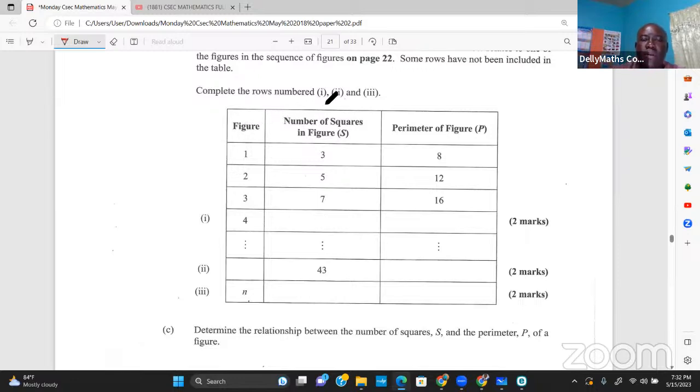Complete the rows. So you want to complete this. I would say to you, based on what we have been doing lately, sometimes you could multiply in your brain quickly and see. But other times you might struggle to find the pattern. I would say to you, there is a way that you don't have to worry.